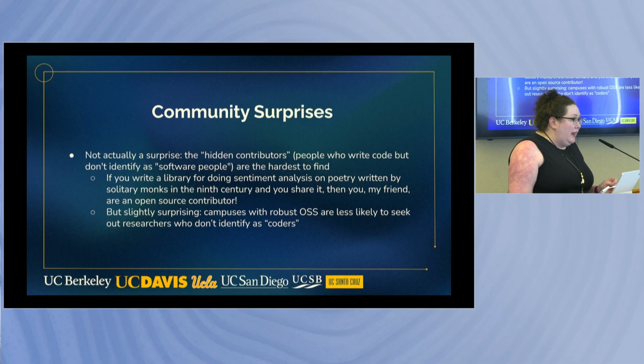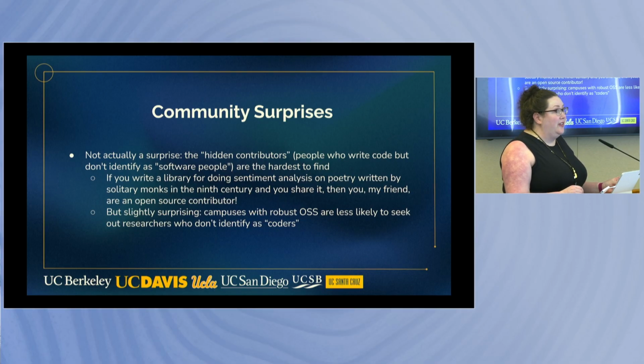So, not actually a surprise, the hidden contributors, the people who write code but don't identify as software people, are the hardest to find. But I think that if you write a library for doing sentiment analysis on poetry written by solitary monks in the 9th century, and then you share that code, you in fact are an open source contributor.